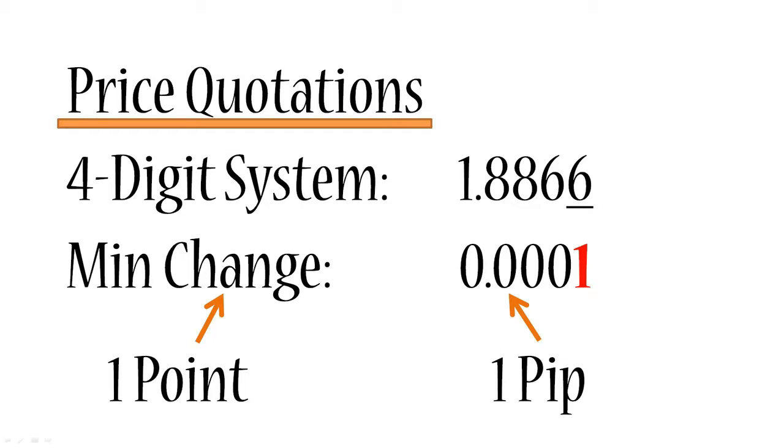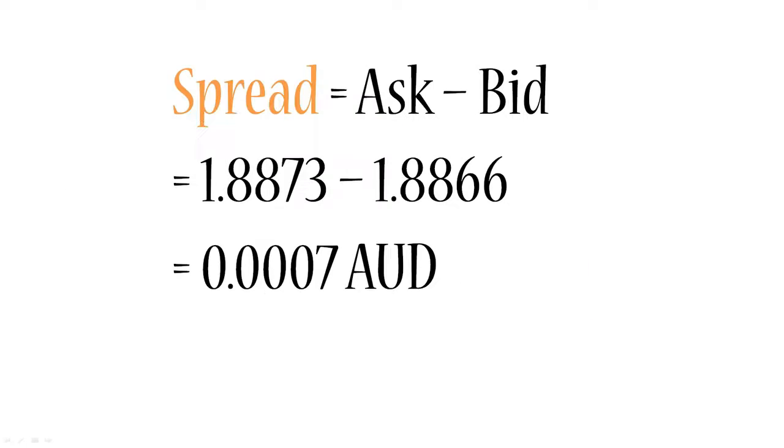to 1 pip. And that's going to be the case for every single currency pair if it is quoted in the 4-digit quoting system. So let's go back to our example of the spread. We calculate the spread as ask minus bid for the Australian dollar, and it was 0.0007 Australian dollars. So let's express this now in points and pips.